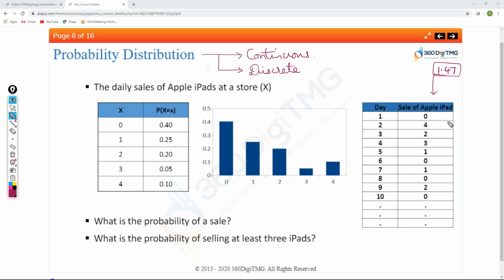Would you ever sell 3.75 iPads on a single day? No, that's a straight no. In a table, do you usually represent 0.0, 4.0, 2.0? That's not a thing. 3.0 is nothing but 3 only.